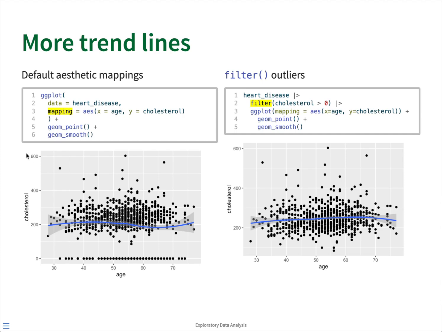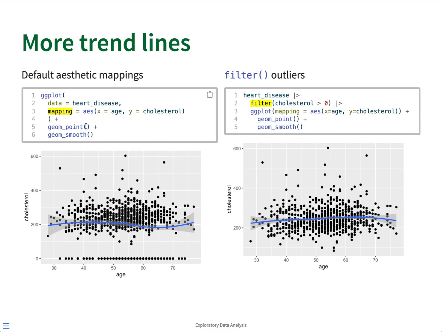We can actually specify a default aesthetic mapping when we're creating a ggplot graph. To do so, we put the mapping argument inside the ggplot function. So now ggplot has two arguments in this example. The first argument is data, where we supply the data frame. The second argument is where we put mapping. And we've got the same mappings as we had on the previous slide, age on the x-axis, cholesterol on the y-axis.